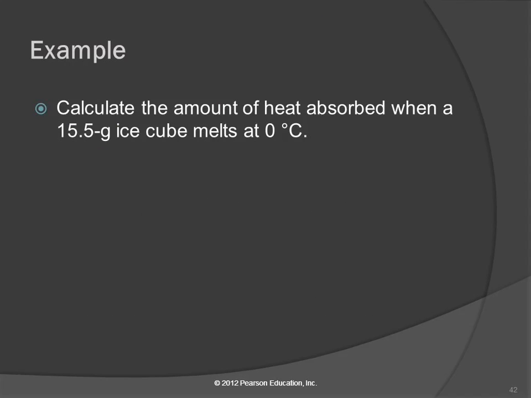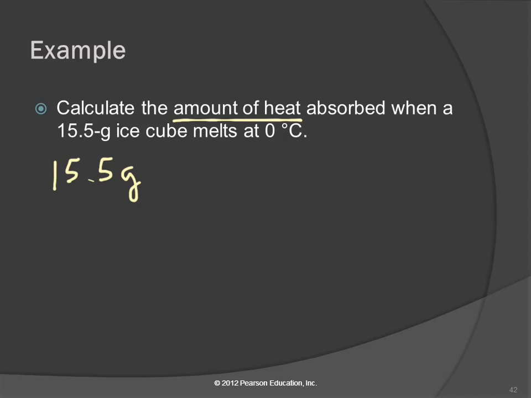So I think we have an example here. Calculate the amount of heat absorbed when a 15.5 gram ice cube melts at 0 degrees Celsius. They're telling us 0 degrees Celsius because the heat of fusion is generally expressed at that substance's melting point. So we have 15.5 grams of ice, and we want to find the amount of heat.